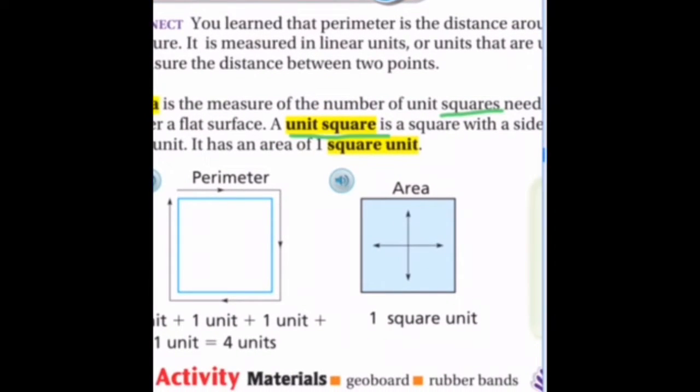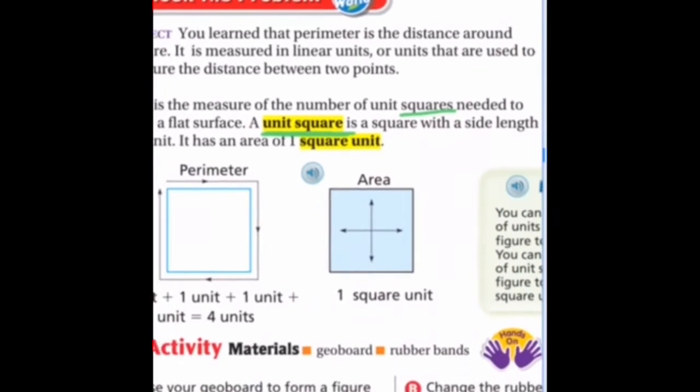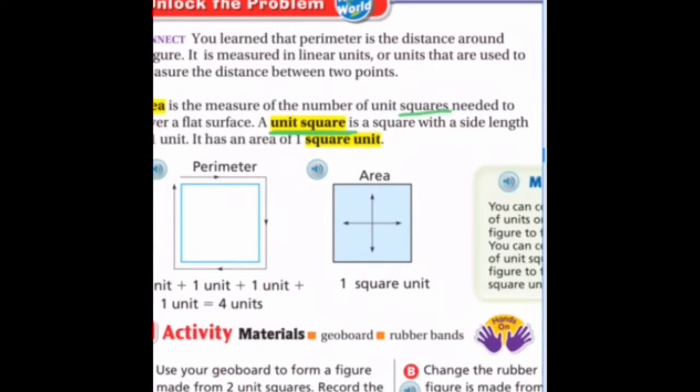A unit square is a square with a side length of 1 unit. So the length of the square is 1 unit. It has an area of 1 square unit.